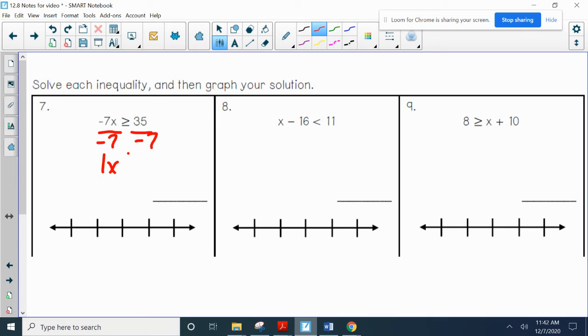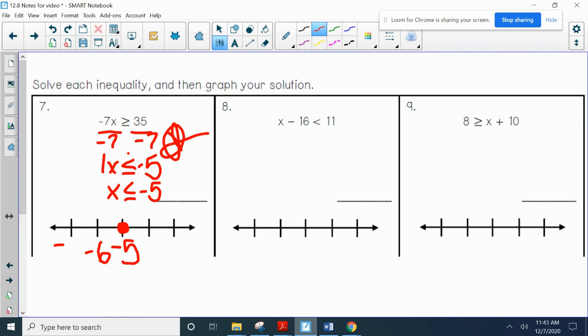We divided by negative 7, so we're going to flip our inequality. 35 divided by 7 is 5. A positive divided by a negative is a negative. So x is less than or equal to negative 5. So we're going to plot our negative 5. It's or equal to, so we're going to do a closed circle. And we are going to go ahead and put our negative 5 here.